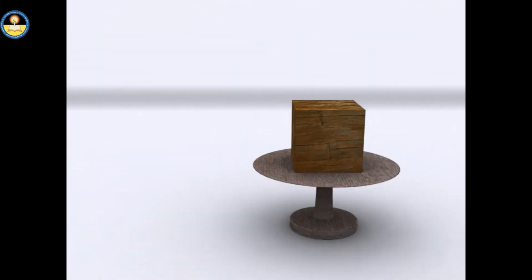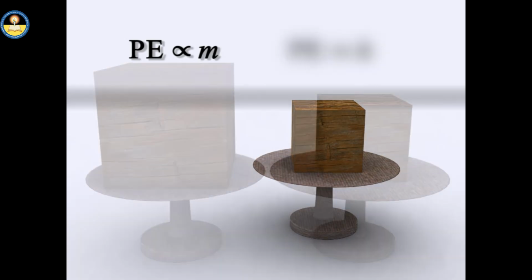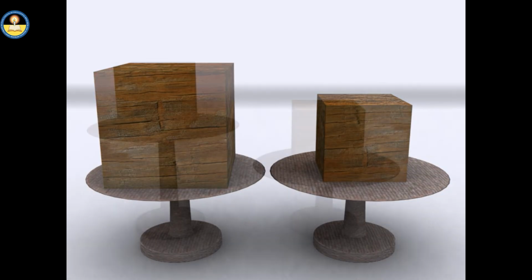The gravitational potential energy of a body depends on two variables: the mass of the body and the height to which it is raised. It has been observed that the more massive the body, the greater gravitational potential energy it has.